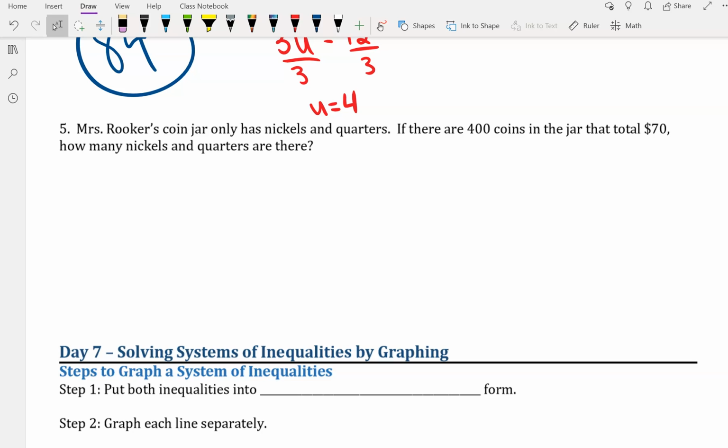So the first equation, I want it to be my easy equation, and it has nothing to do with the amount of money that everything is worth. It's just going to be the number of coins. And actually, I need to backtrack. I need to assign my variables. So I have two things that I don't know how many there are: nickels and quarters.